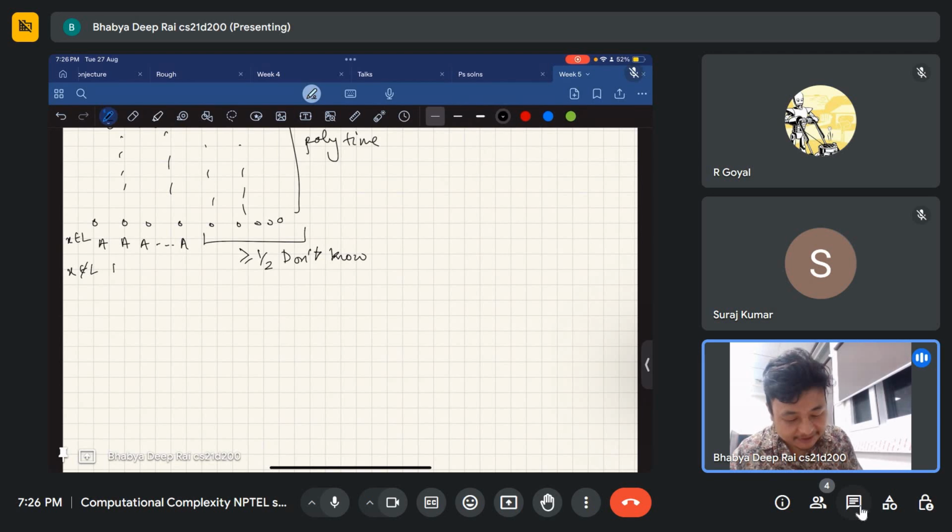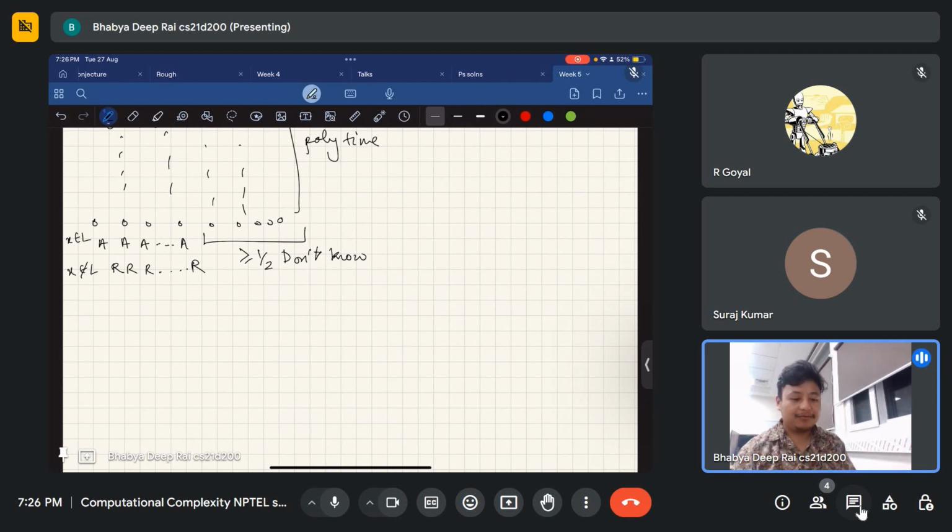This is the computation tree way of looking at it. So if it is in the language, all of the randomized paths will actually tell you to accept, and the rest will tell you don't know. And if it is not in the language, then all of them will tell reject.